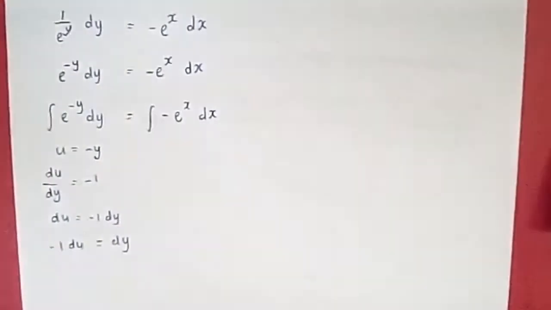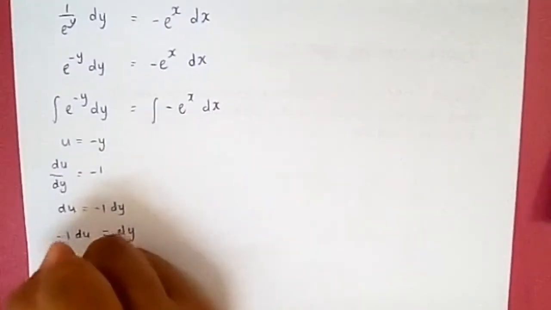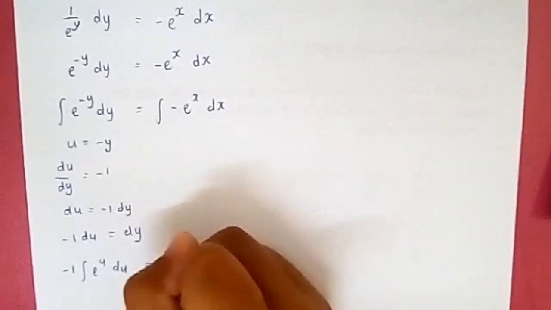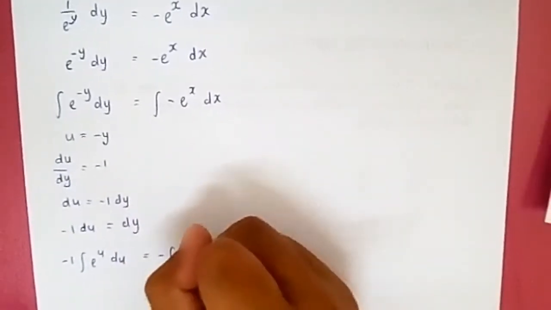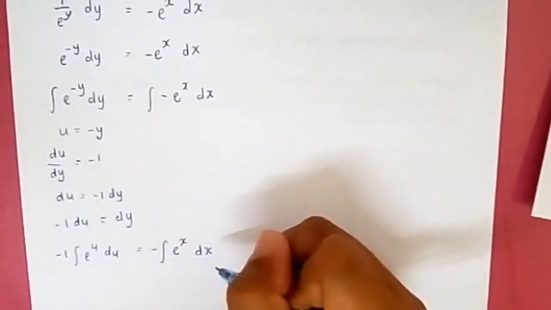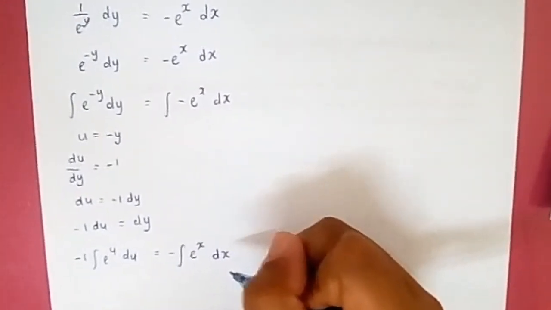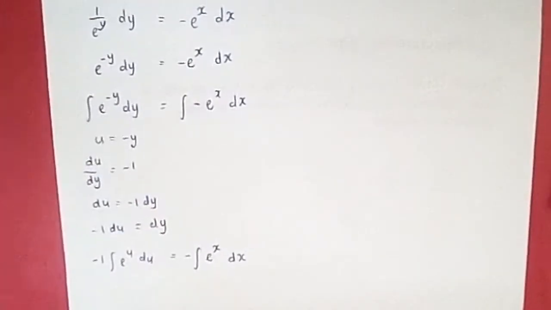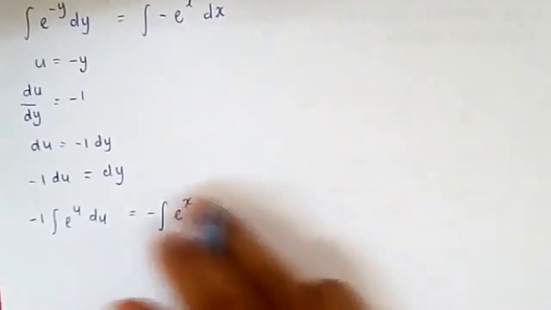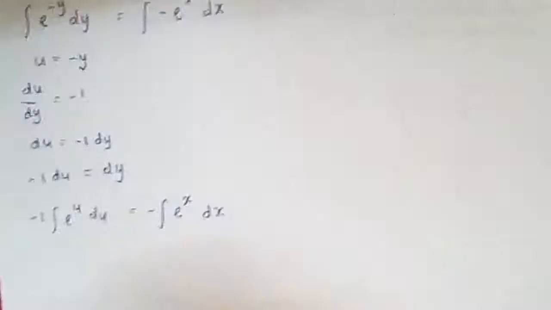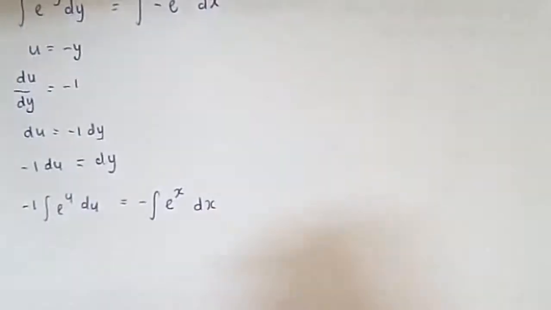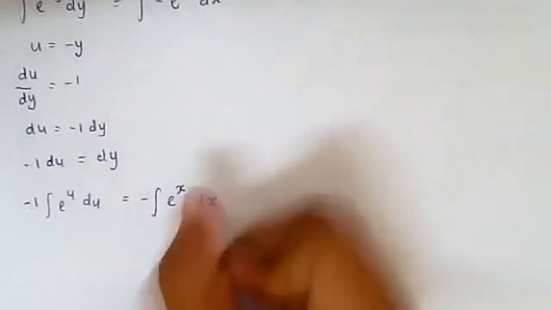And then we solve the integral, du equals negative e to the power of x dx. Then we solve the integrals until we get the general solution.